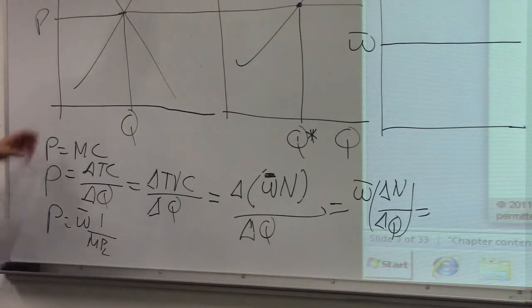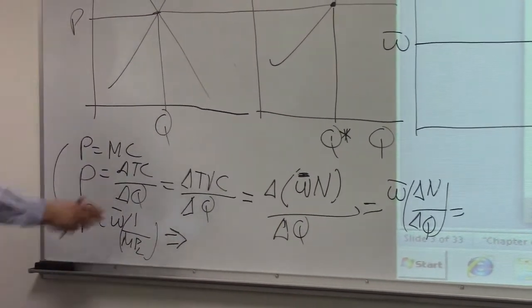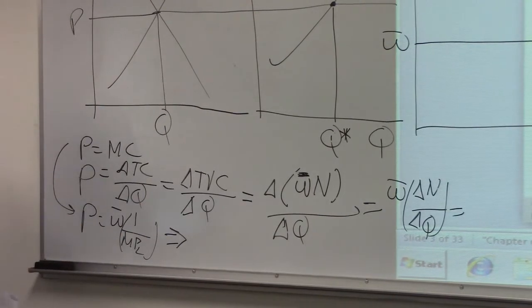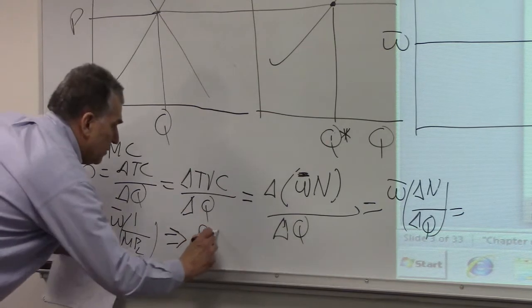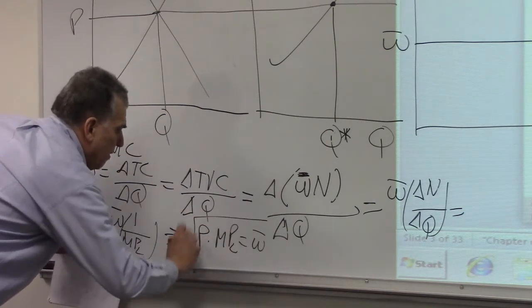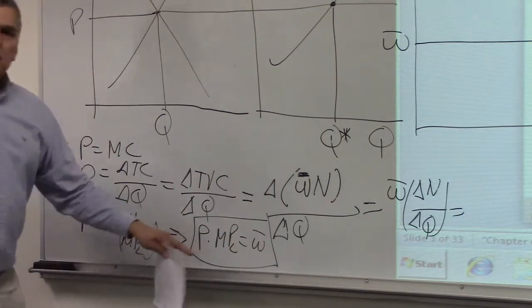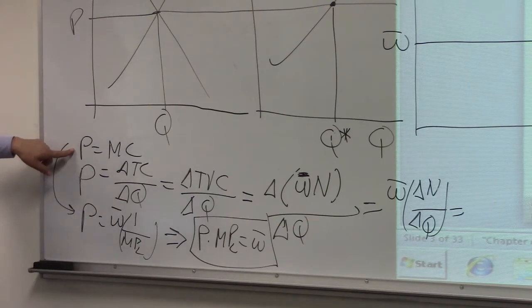So P equals MC is the same as P equals the wage rate times 1 over the marginal product of labor. Now, we manipulate this a little further by multiplying by the marginal product on both sides. You have P times the marginal product of labor equal to the wage rate. This is the equilibrium condition. That's the same as this equilibrium condition.